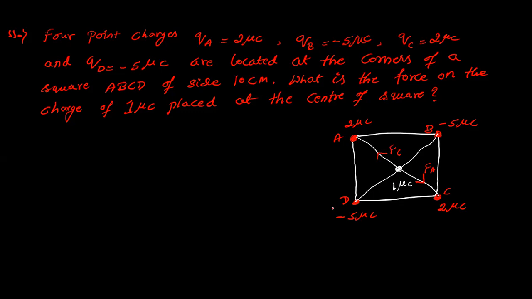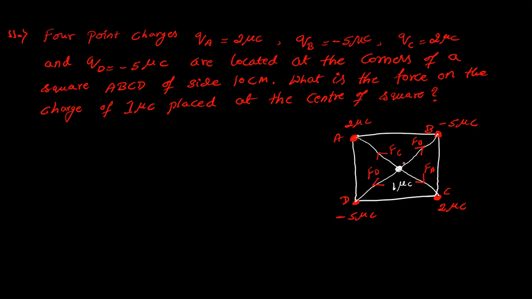This is FC, radially outward forces. For the negative charges, at B there is a negative charge and the 1 microcoulomb is a positive charge, so there is an attraction. Attractive force it is. This I can call FB. And towards the minus 5 microcoulomb, it is FD.